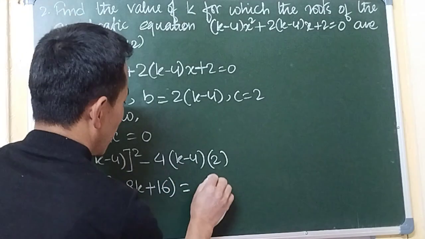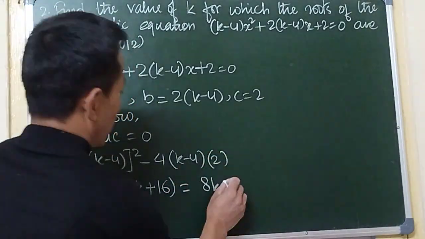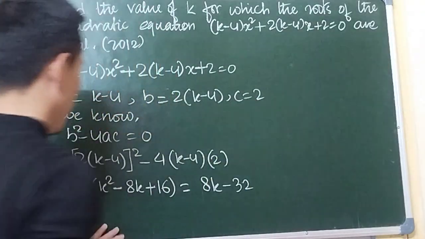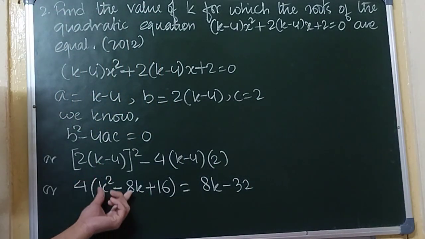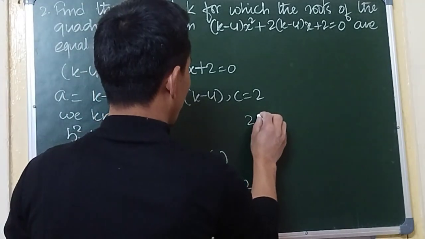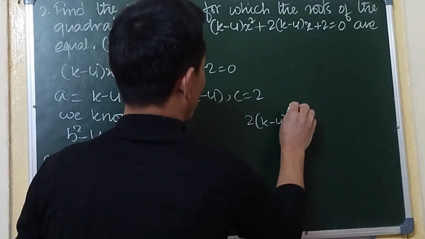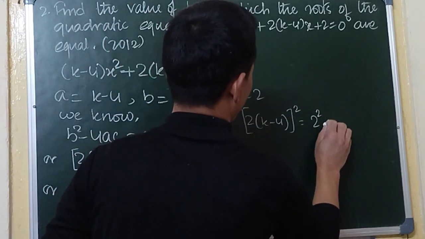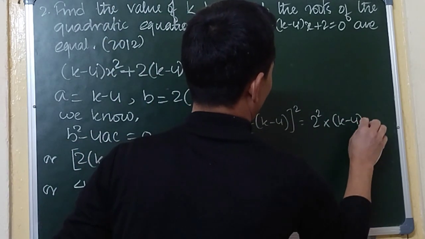So 8 times k becomes 8k, minus into plus is minus, 8 times 4 becomes 32. So we have expanded this. If you have not understood this, then let me explain it here. This is twice k minus 4 whole square. So we can write this as 2 square into (k minus 4) square.